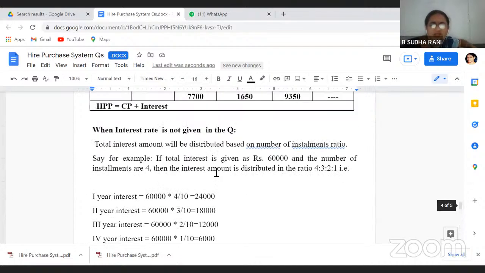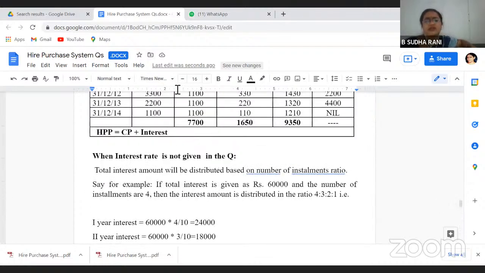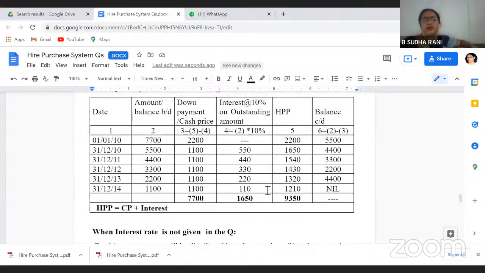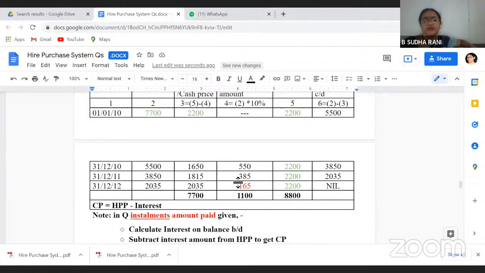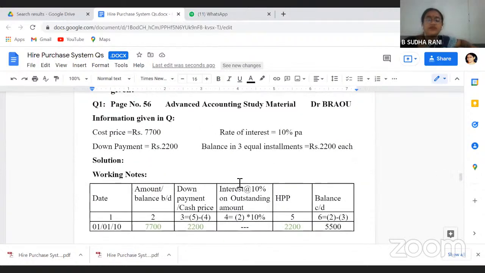When cash price is not given, I think I didn't explain. So generally in exam, mostly this kind of question, where all three were given, came in the exam. So please do concentrate on what to do and how to do. Shall we work out the problem? Shall we?